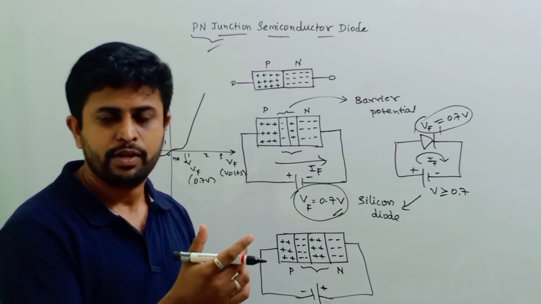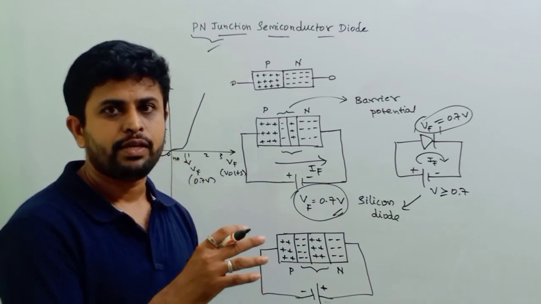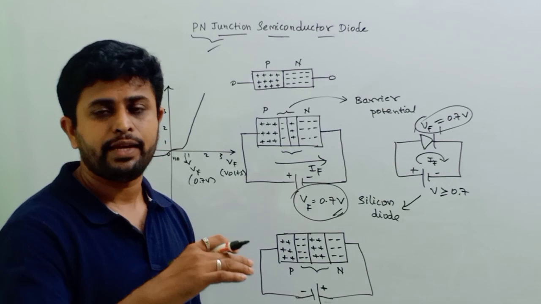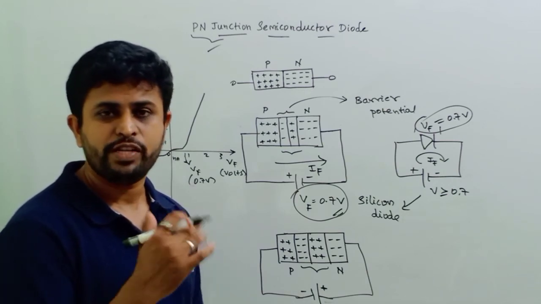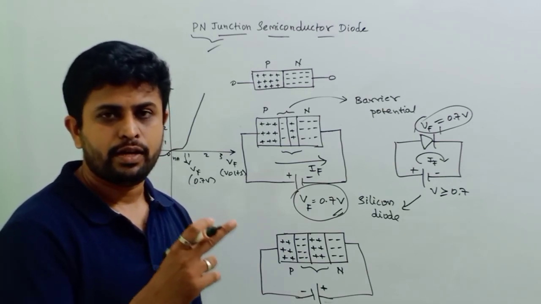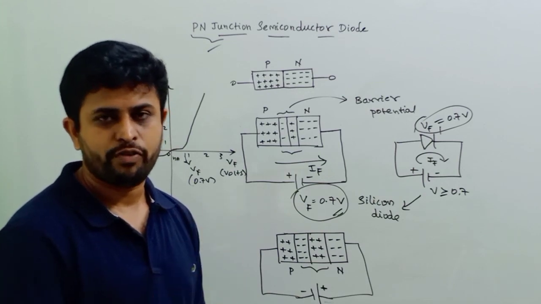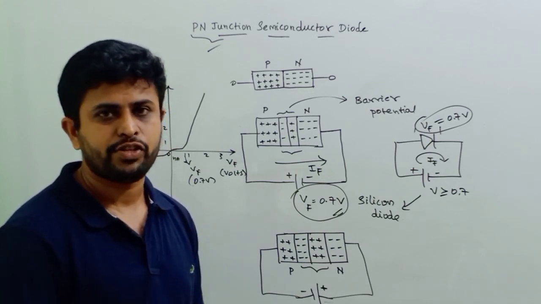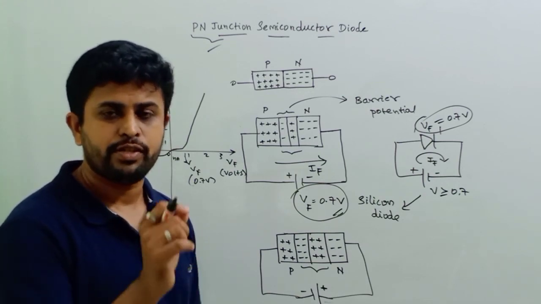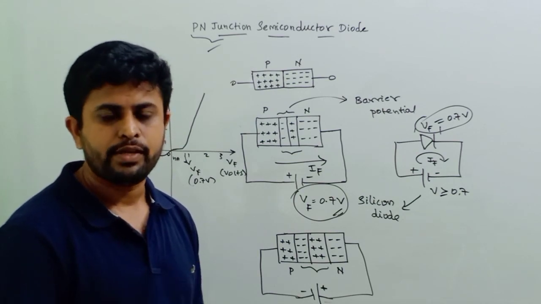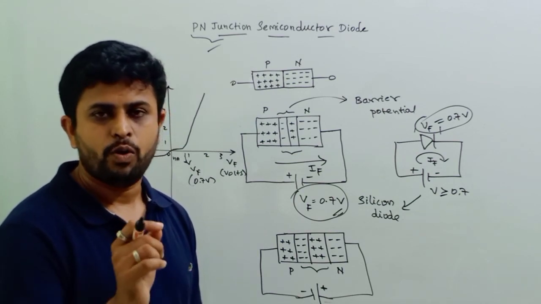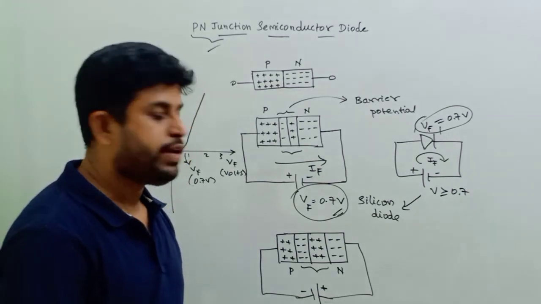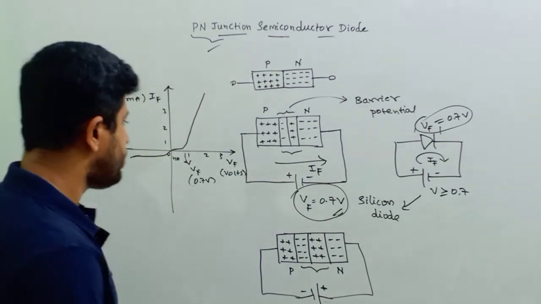So complete P gets inverted to N and N gets inverted to P, which further leads to a large flow of current in reverse direction, and the voltage at which this happens is called reverse breakdown voltage, and we are going to show you that here in the characteristics.